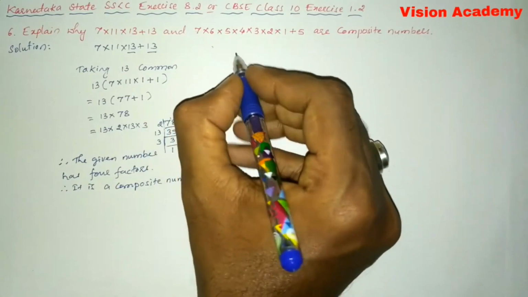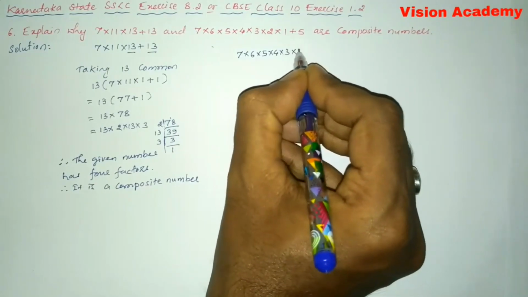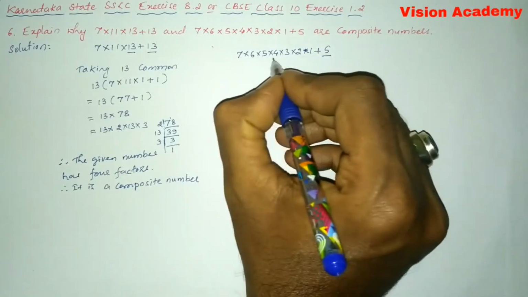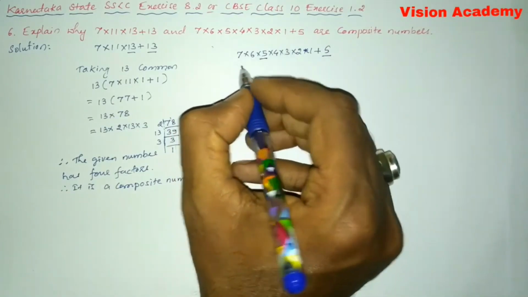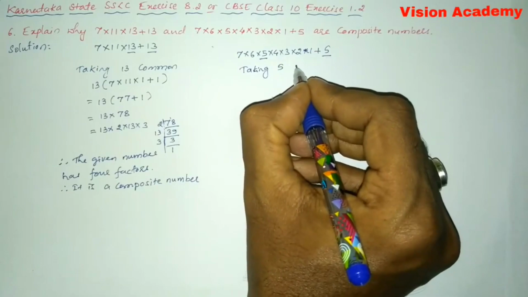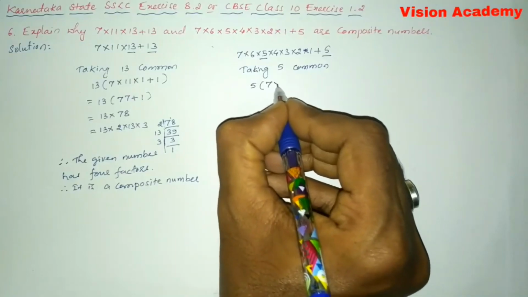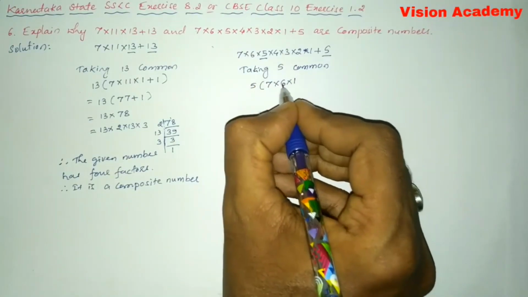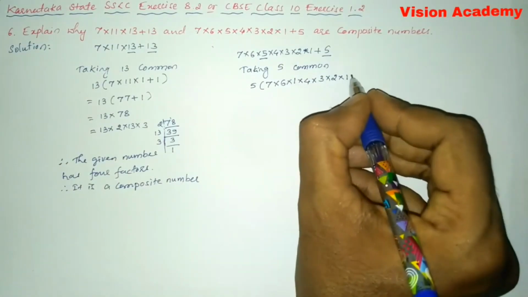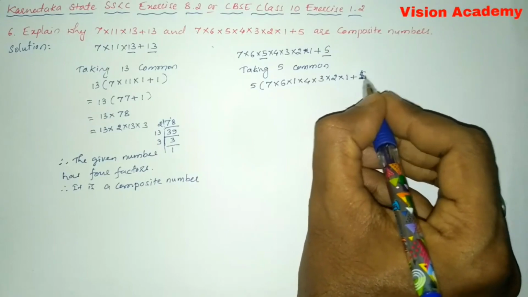Now let us move on to the next number, which is 7 into 6 into 5 into 4 into 3 into 2 into 1 plus 5. Here you can consider 5 and 5 as common digits. So let us take 5 common, we can write 5 and inside of the bracket 7 into 6, in place of 5 we'll write 1 because it has been taken out, next into 4 into 3 into 2 into 1, and this 5 has come out, it is plus 1.